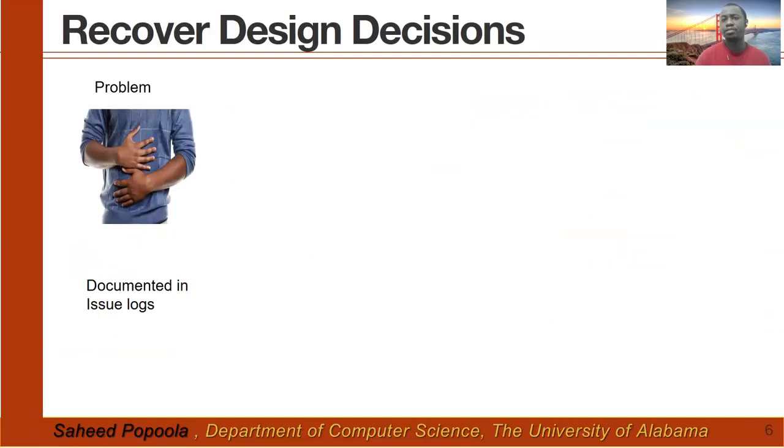The first part of the work deals with how to recover design decisions. Usually for every software repository in GitHub, there is a problem that the software wants to address. The reason why you want to make a change is usually because a problem occurred, maybe you want to add new features, or correct a bug. These problems are usually documented in issue logs.